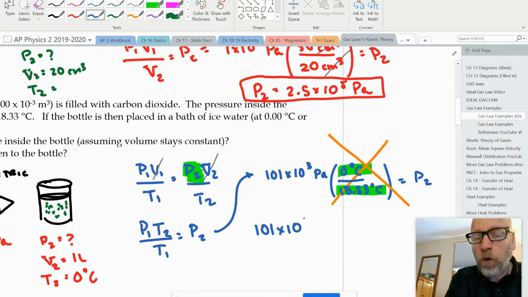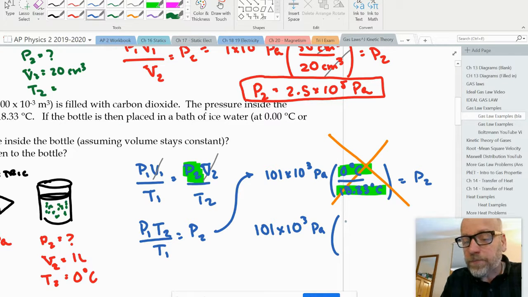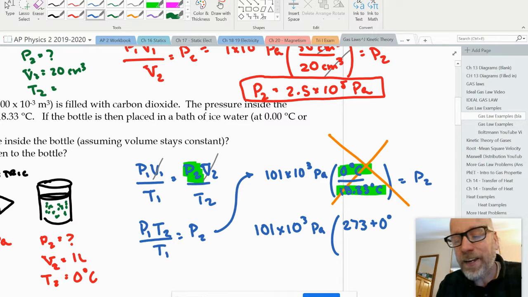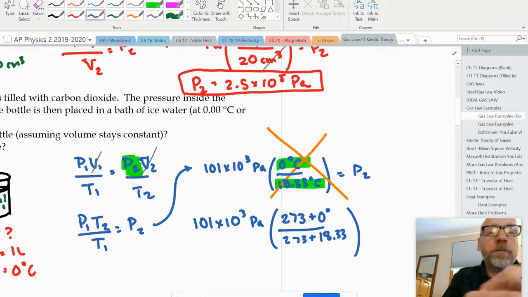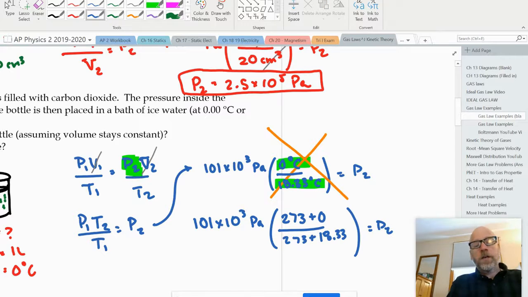So 101 times 10 to the 3rd pascals. Now to convert that, it's going to be 273 plus 0, divided by 273 plus 18.33 equals P2. Get your calculators out.